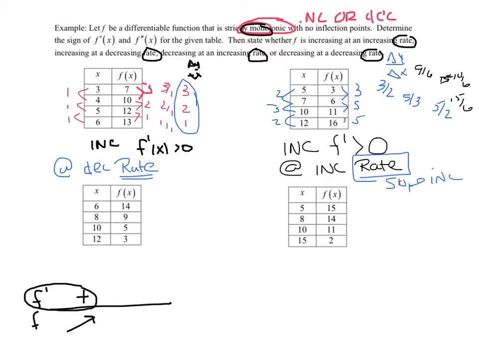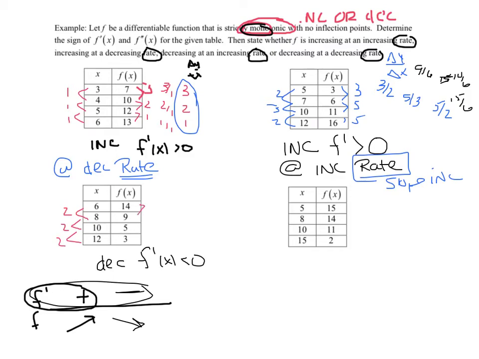All right, take a look at the next one. My y values got smaller, so my function is clearly decreasing. And if I put a minus sign here and a decreasing sign, that means f prime is negative. Now let's look at the slopes. Get that change in y over change in x. So I've got 2, 2, and 2.